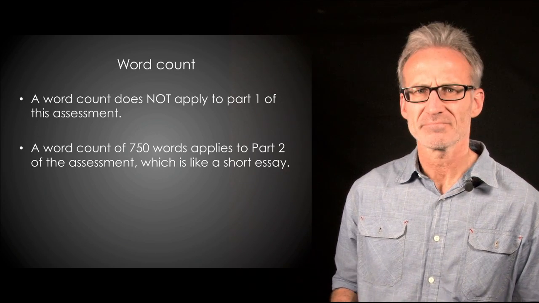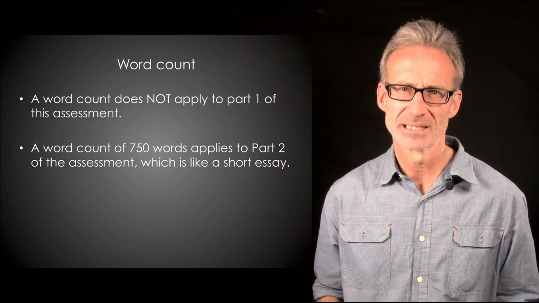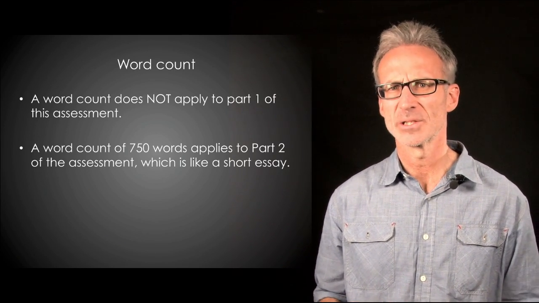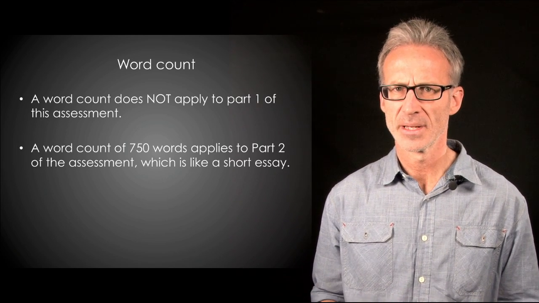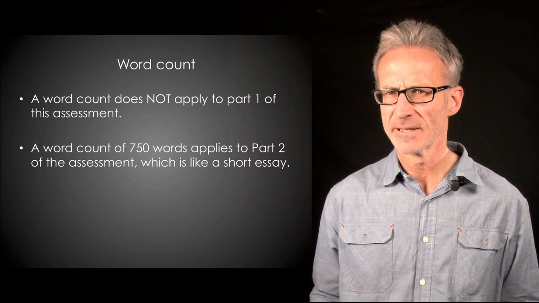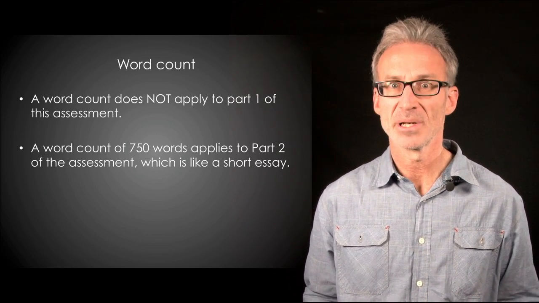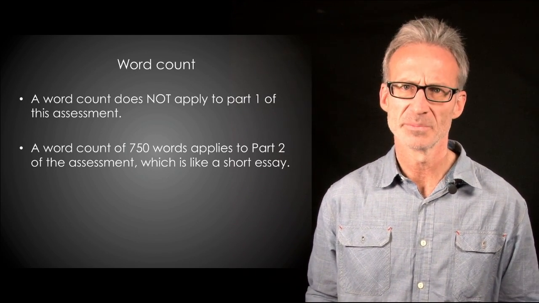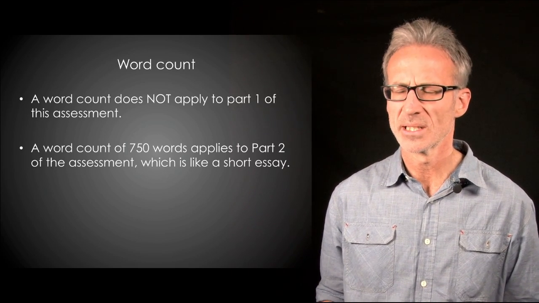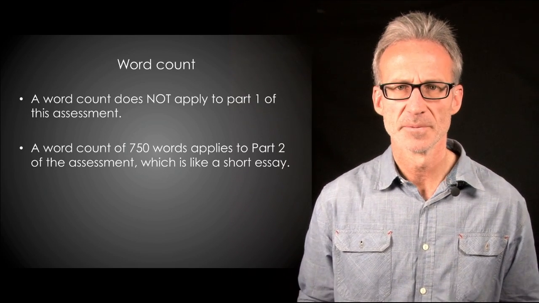Now, there's no word count for this first or analytical part of the assignment because it roughly equates to about 750 words. But there's a strict word count that does apply to part 2 of the assessment, which is like a short essay of 750 words.